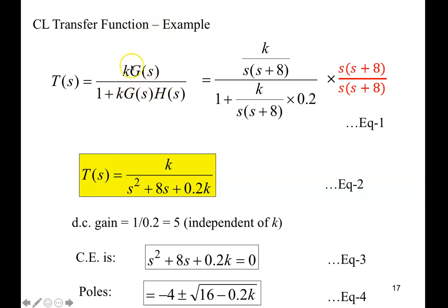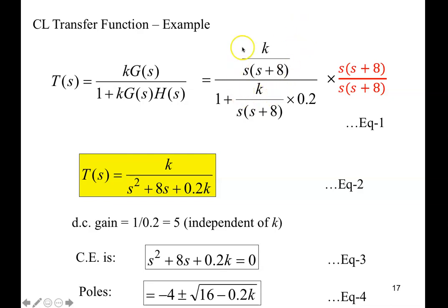I get k over s times (s plus 8) in the numerator, and in the denominator, 1 plus k times k over s times (s plus 8), and then times 0.2, which is the transfer function of H(s).